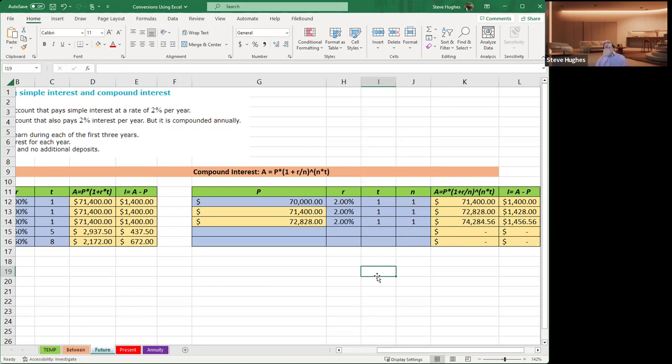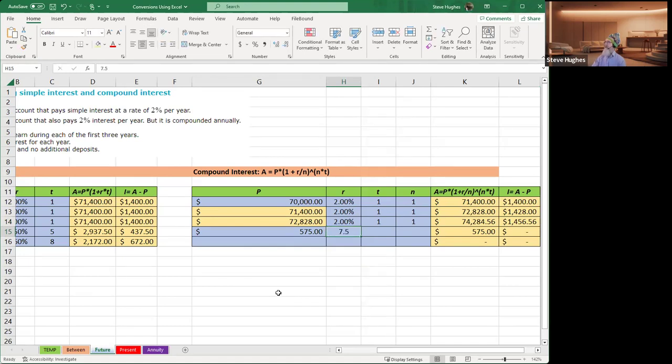Now you say, okay, Hughes, what if? I know you like the what if. What if I came across a question in the homework that said, find the future value of something that had nothing to do with this question? What would I do? Let's suppose I have $575 and I want to invest that money at a rate of 7.5%.